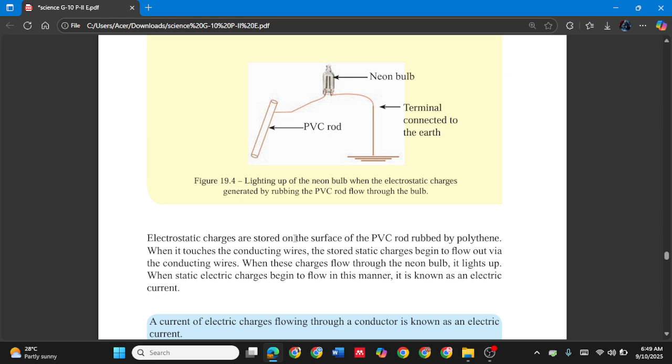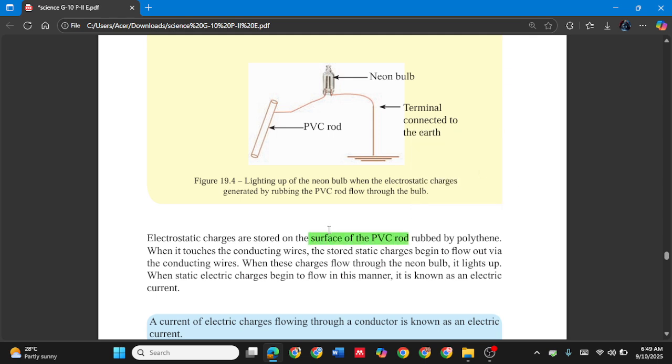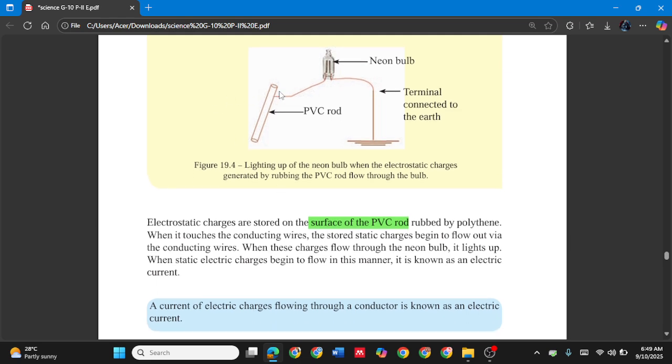Electrostatic charges are stored on the surface of the PVC rod rubbed by the polythene. So the surface of the PVC rod gets charged. When it touches the conducting wires, what happened? The stored static charges begin to flow out via the conducting wires.